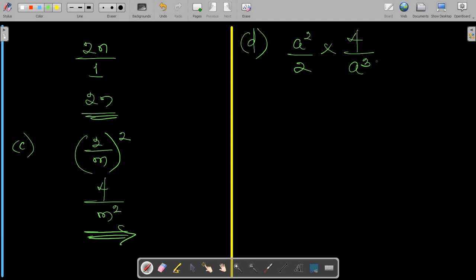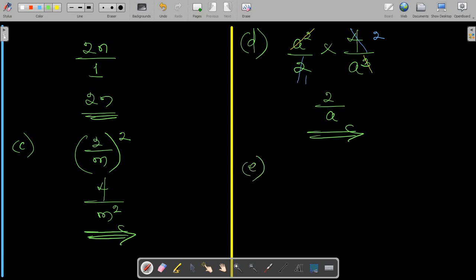The a here, there are 3 in number; the a here, there are 2 in number. So let me remove a squared: we remove 2 of these a's, so we have 1 a remaining. Also, 2 can divide here: 2 goes in 2 once, and 2 goes in 4 twice, so we have 2. Remember we have 1 a remaining at the bottom. So our final answer becomes 2 over a, and that is the answer to that question.